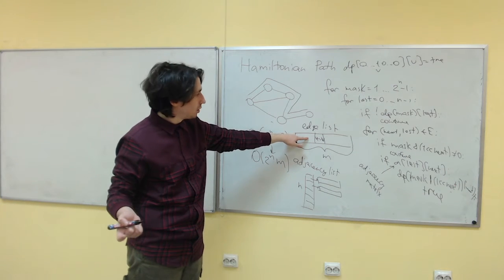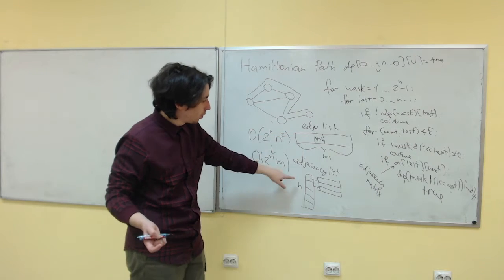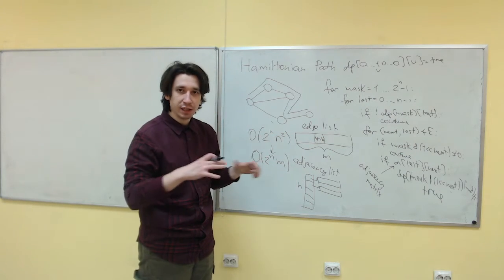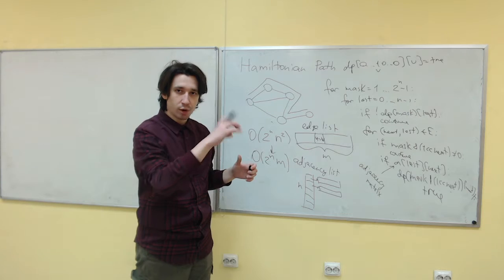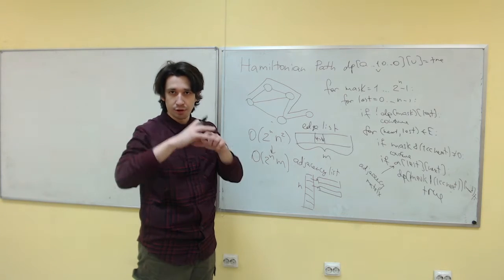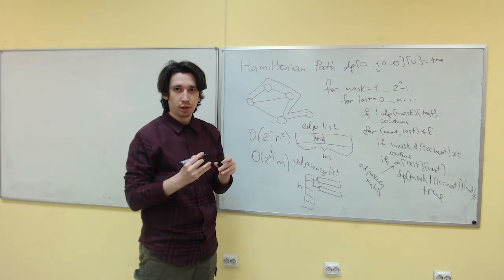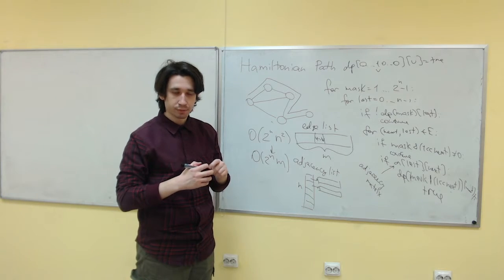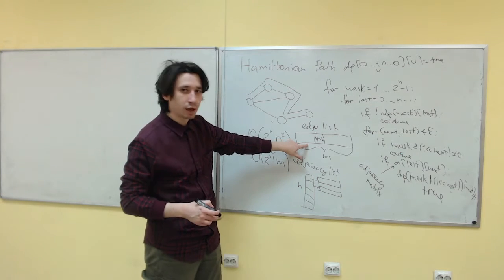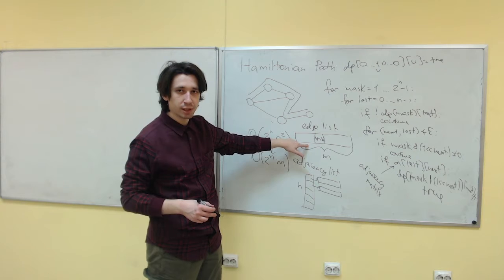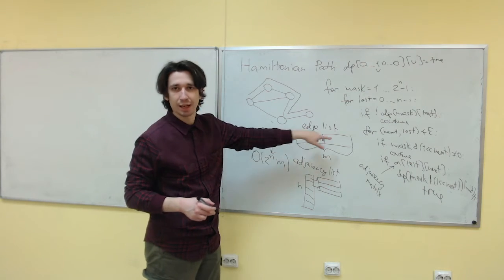About the adjacency list: we have an array of lists, where for each vertex we have the list of its neighbors. What is its memory complexity? Yes, it's simple. It should be m? Yeah, it is m because it's exactly m elements.